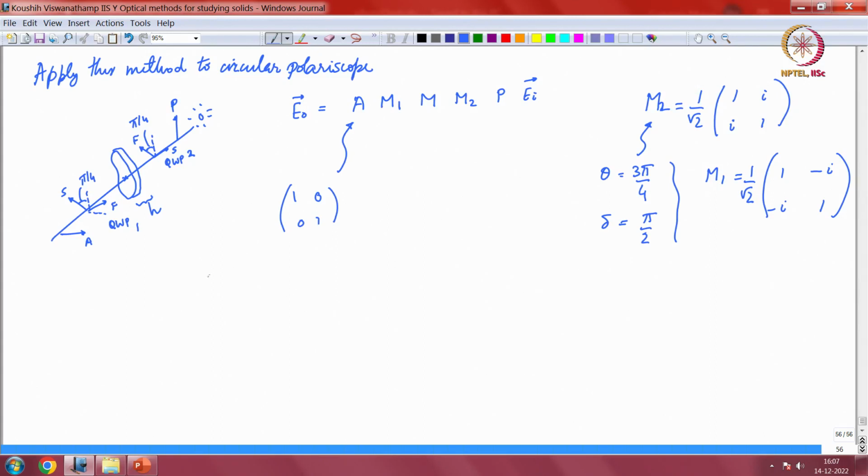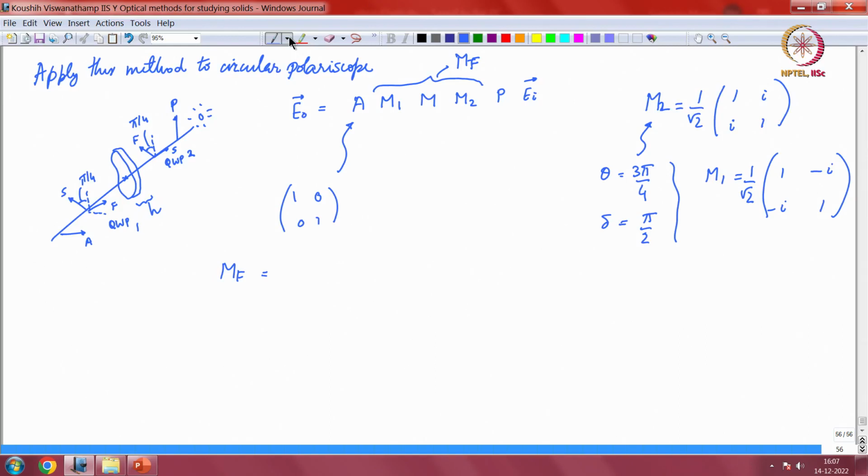Okay. So, the final matrix, if I call this entire chain MF, actually let me remove this P and A out and let us just call this MF, because we can relate this much more easily to what we worked out before for the linear polariscope.